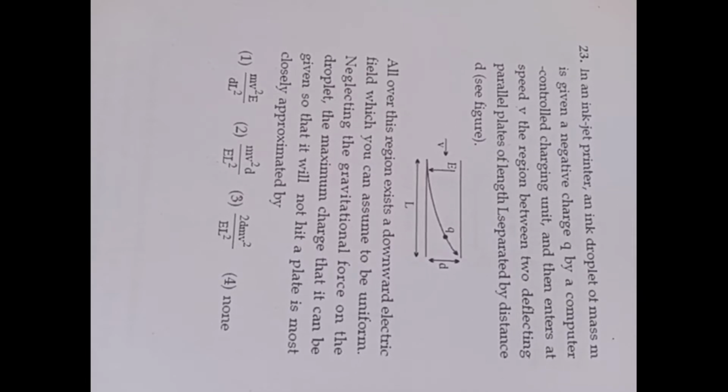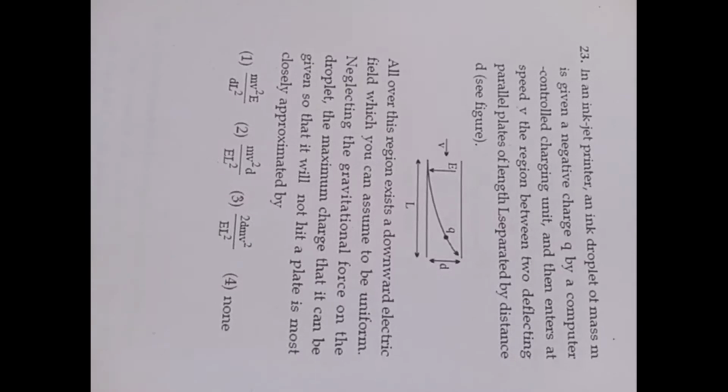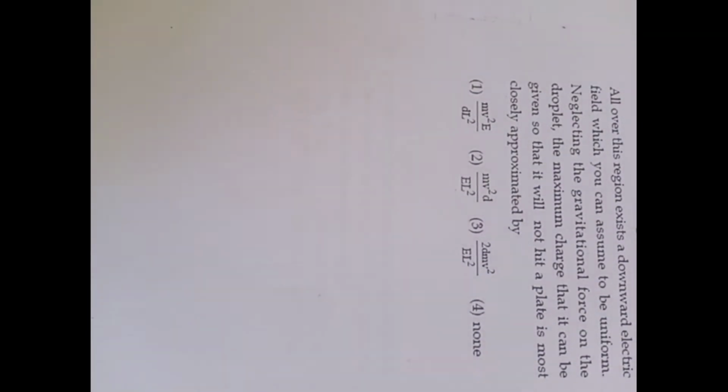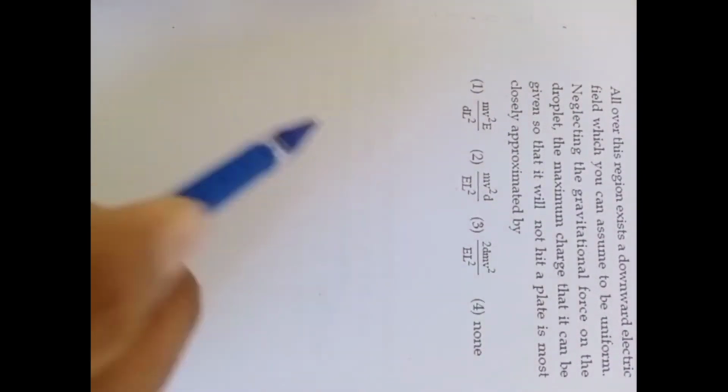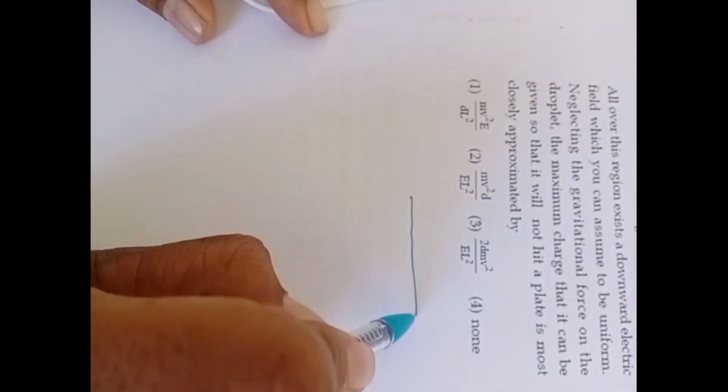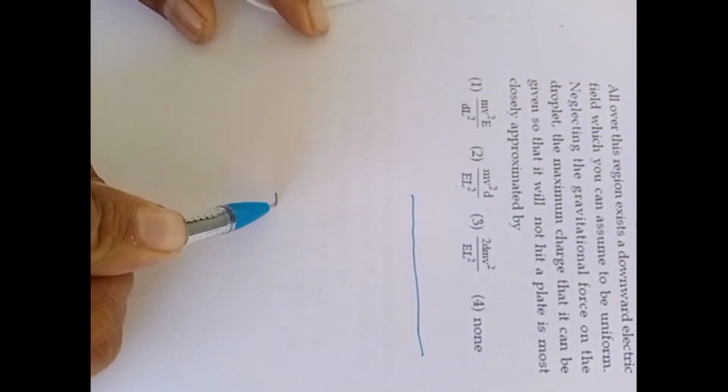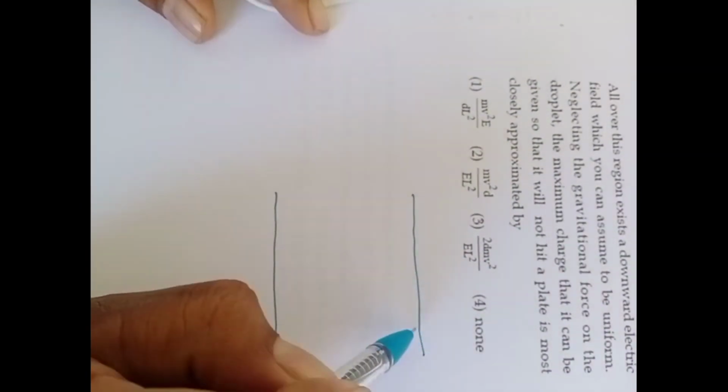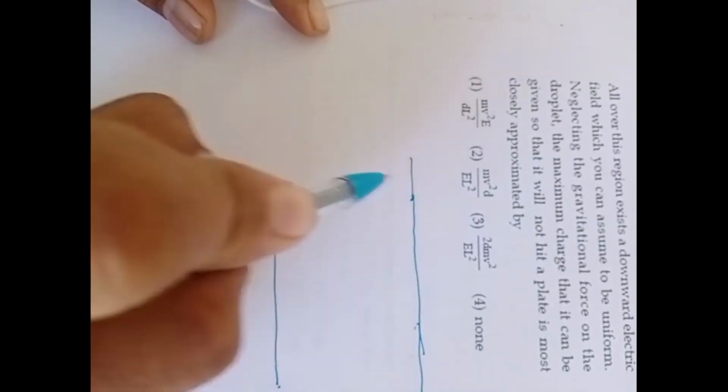It looks like a big question, but it is a simple question only. Just try to understand what they are asking. Here two metal plates are there, one metal plate here, another metal plate here.